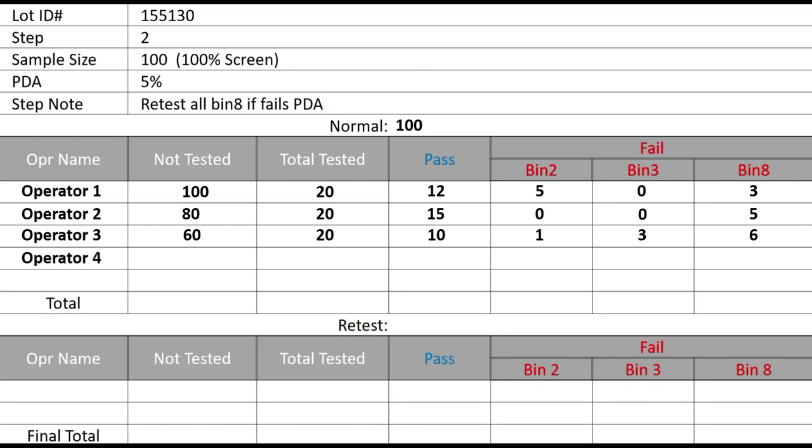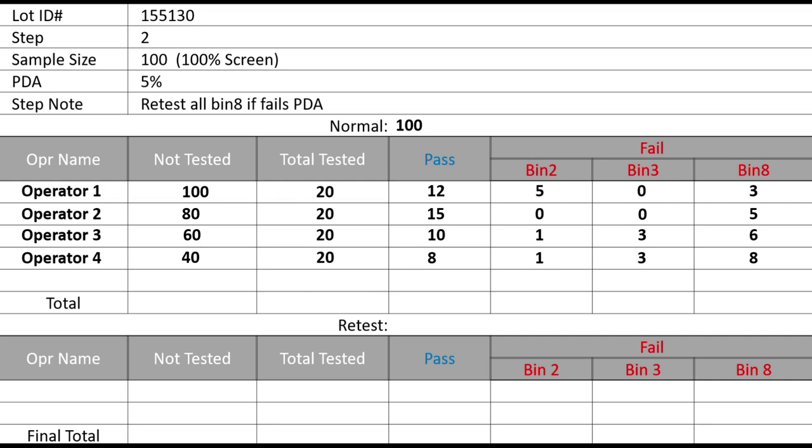Now, operator 4 comes in and they have 40 not tested devices. They will also test 20 devices, and in doing so they have 8 passes, 1 bin 2, 3 bin 3, and 8 bin 8 devices.